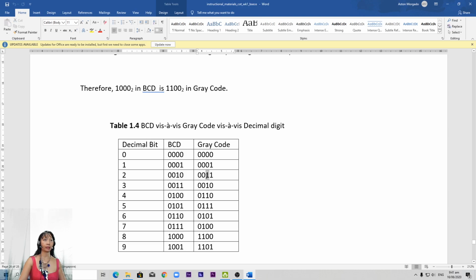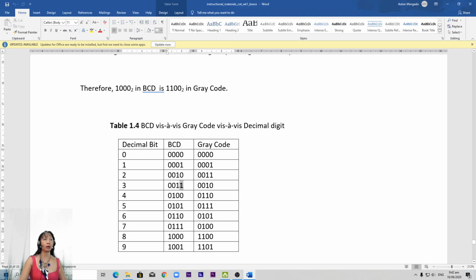Okay. And then we have 0 XOR 0 is 0. And then bring down the most significant bit, 0 here. So therefore, the equivalent of 0010 in BCD is 0011 in gray code.